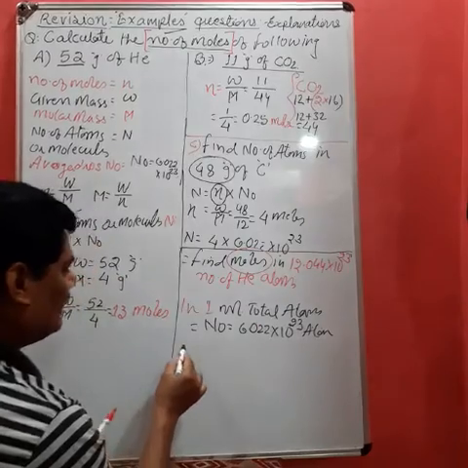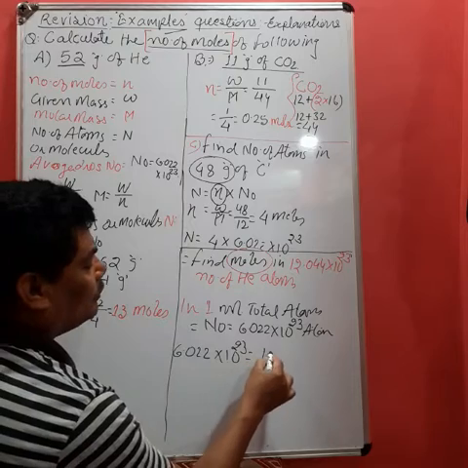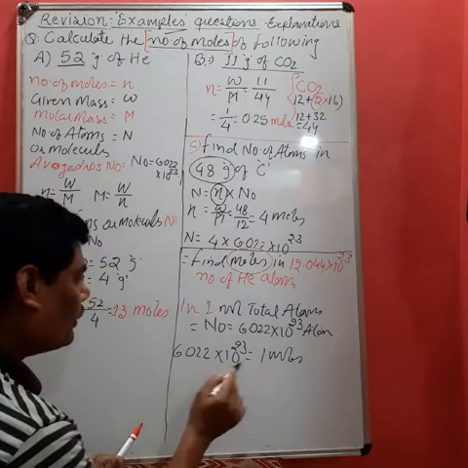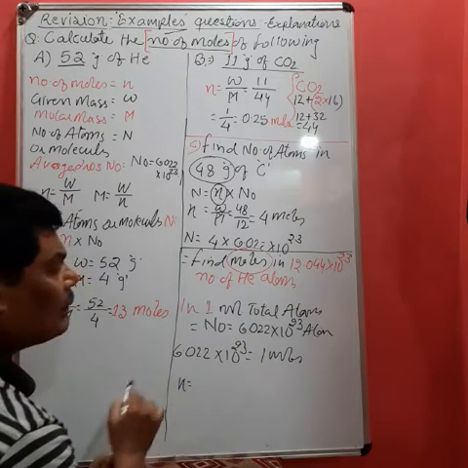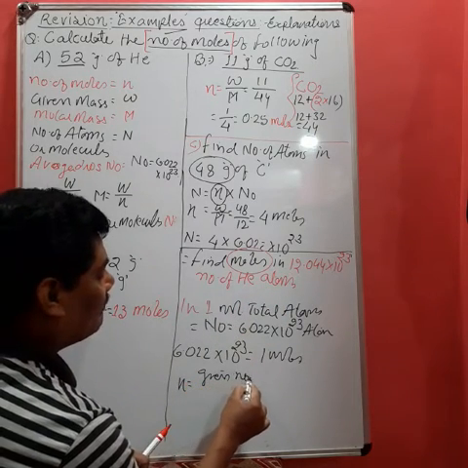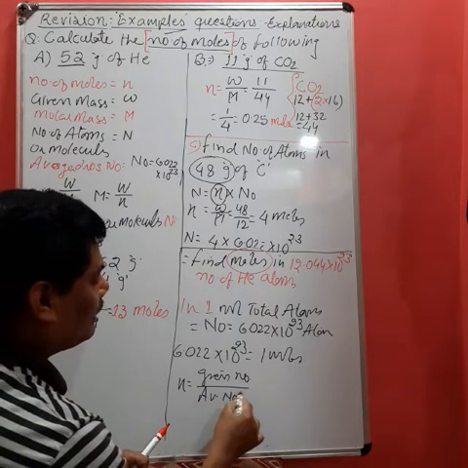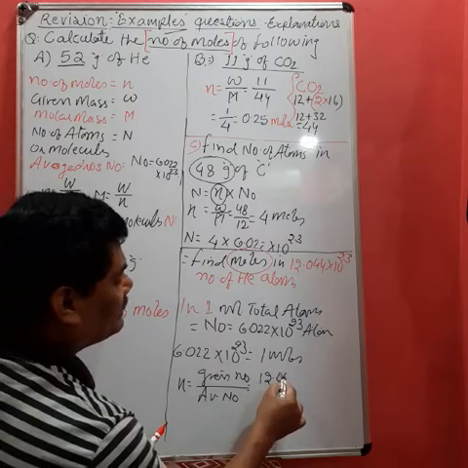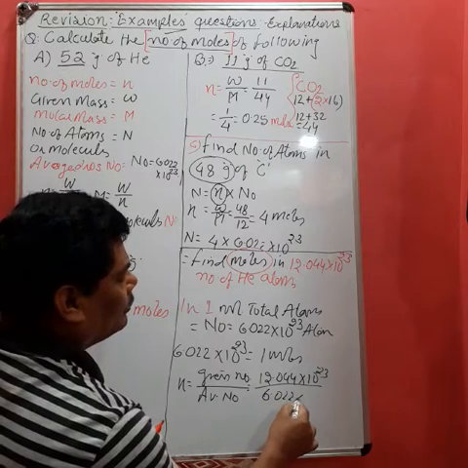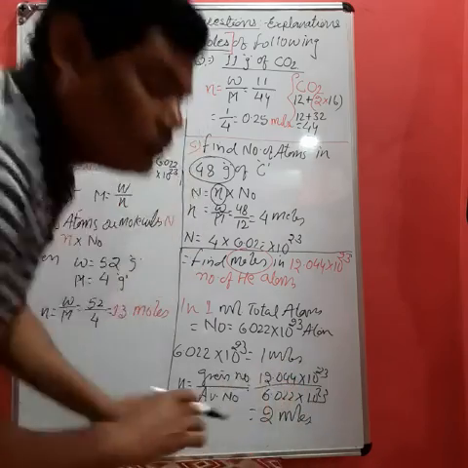That is, simply we can say 6.022 into 10 to the power 23 atoms is equal to 1 mole. So now what you can do? You can find number of moles is equal to given number divided by Avogadro number. Given number is 12.044 into 10 to the power 23 divided by 6.022 into 10 to the power 23 is equal to 2 moles. So your answer is 2 moles.